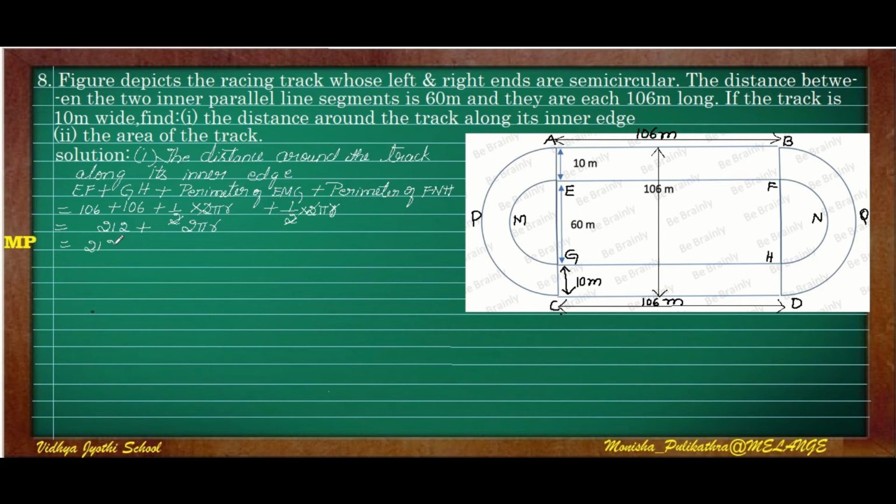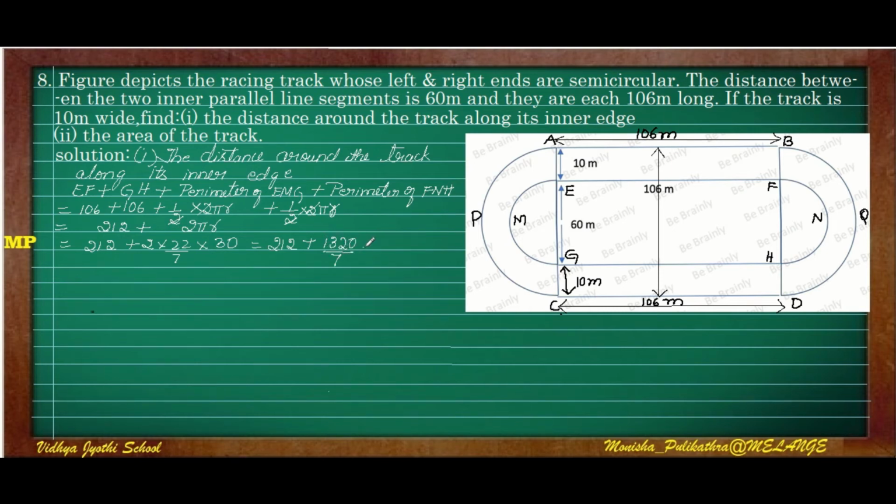So 212 plus 2 into 22 by 7. Here radius is 30 because here they have given the whole line. So up to here it is 60, so half will be 30. So radius is 30.